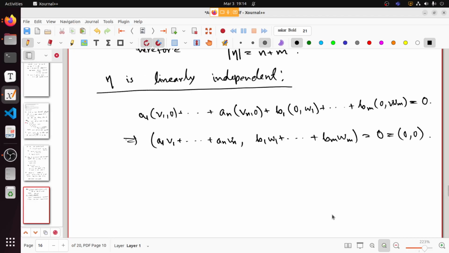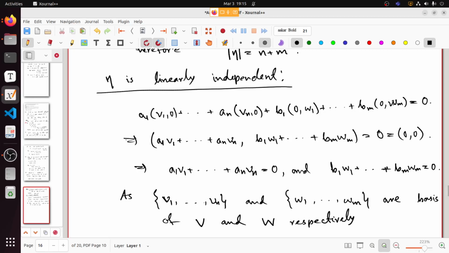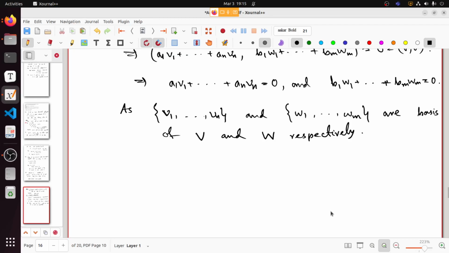So they will be zero component wise. It will be A1 V1 plus ... An Vn equals 0 and B1 W1 plus ... Bm Wm equals 0. Now V1 up to Vn and W1 up to Wm are bases of V and W respectively, and the linear combination sums to 0.